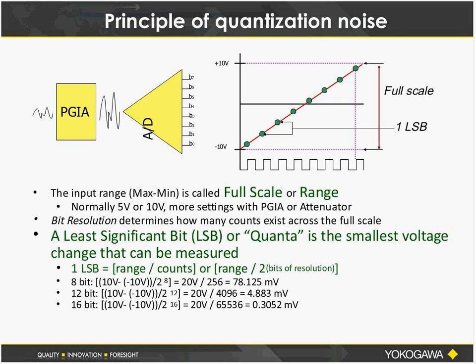And the size of that LSB depends on the number of counts available, which in turn depends on the bit resolution of the device. So an 8-bit system across a plus and minus 10 volt range would correspond to a minimum step size of 78 millivolts, which, as you can see, is pretty poor. A 12-bit resolution would correspond to a 4 millivolt resolution, and a 16-bit would correspond to a 0.3 millivolt LSB.